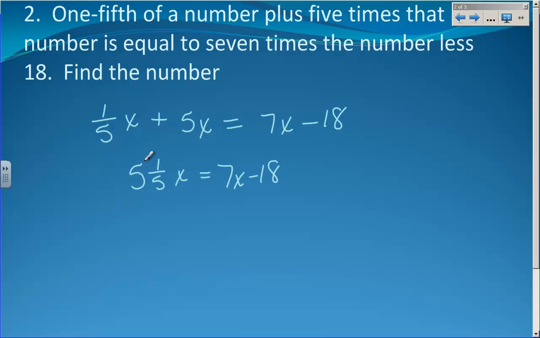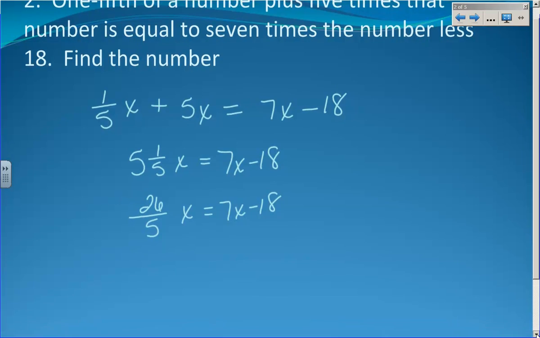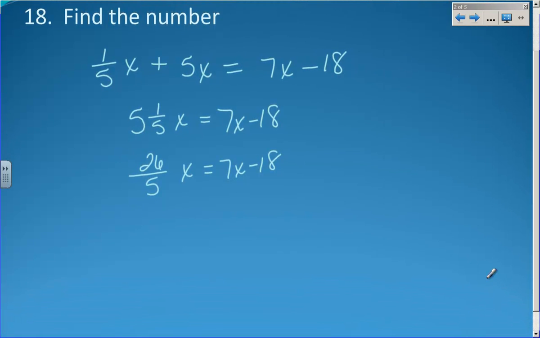Now, I do not want to leave this as a mixed number because improper fractions are going to work a lot better for me. So the first thing I'm going to do is make this improper. So 5 times 5 makes 25 plus 1, so I have 26 over 5 x equals 7x minus 18. Well, now I have this fraction that I don't want to have to really deal with, so I'm going to clear out my fraction.